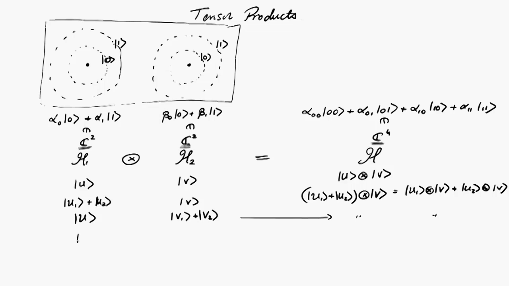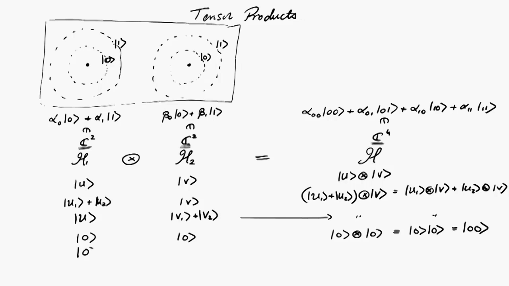What we said was, if we start with 0 here and 0 here, then the corresponding vector that we have here is 0 tensor 0, which we also call 0, 0 in ket. Depending upon how lazy we are, we'll either write the tensor sign or forget the tensor sign, or just run the two symbols together.